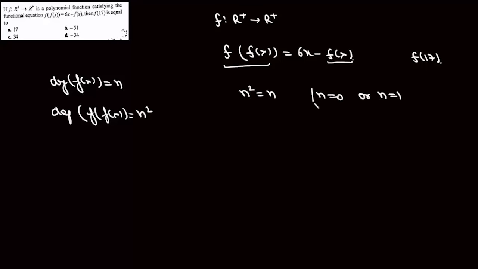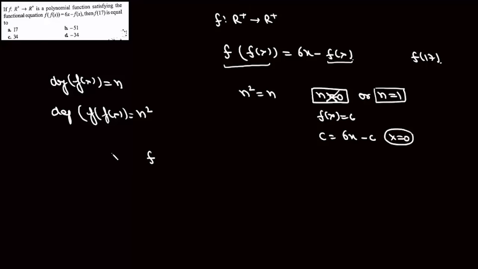Now, if n is 0, it implies f(x) is a constant function. In that case, it'll be c equals 6x minus c. We'll discard this. So our function will be a linear polynomial because the degree is 1.